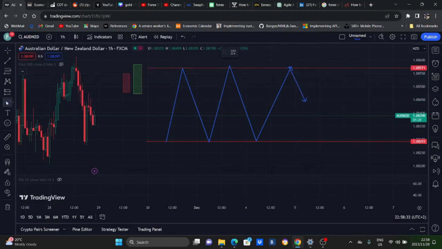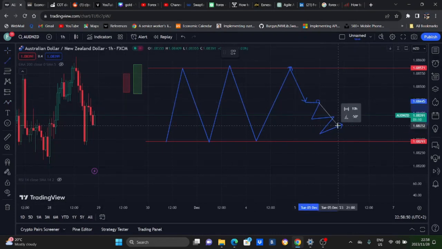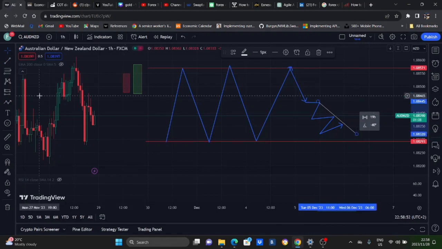And then create that pattern. It will do something like this. Please excuse my drawing, guys. It will do something like this towards support.